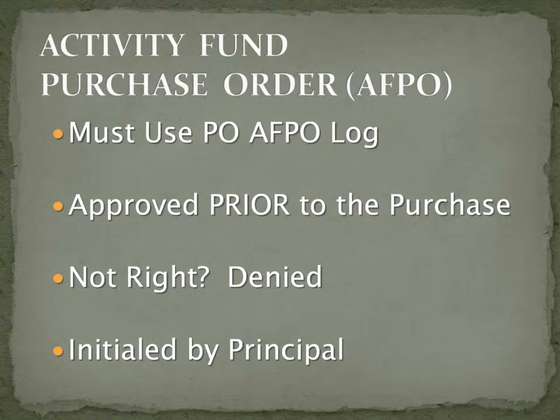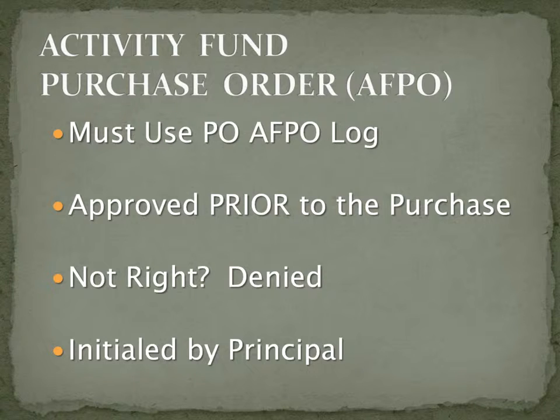When dealing with activity fund purchase orders, it's important to know that state law mandates the use of purchase order procedures. Activity fund purchase orders must be logged in an AFPO log or the EPS software to identify outstanding AFPOs and cross-reference voucher check number when paid.